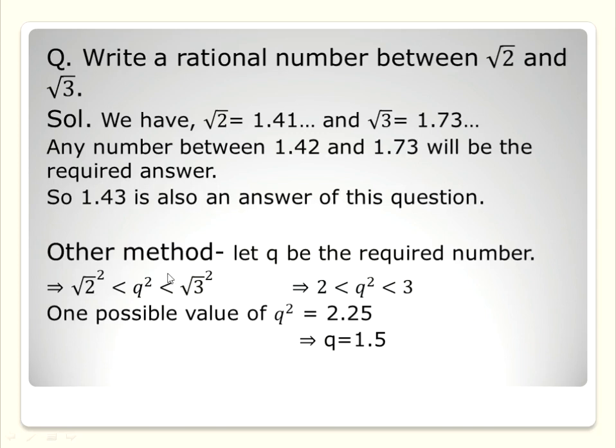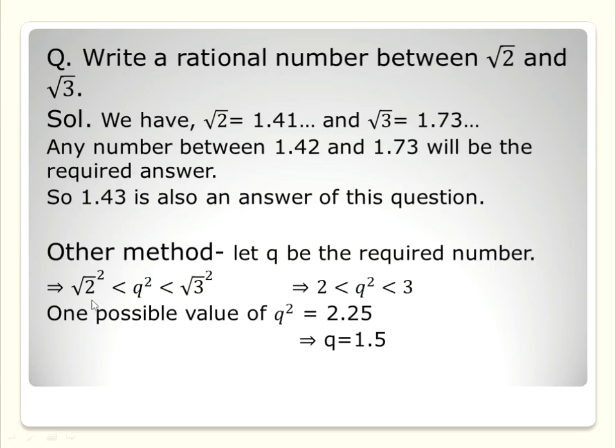Now let us take the other method. Let q be the required number. So we put the square of q less than the square of root 3 and the square of q greater than the square of root 2, so it is lying between root 2 and root 3.